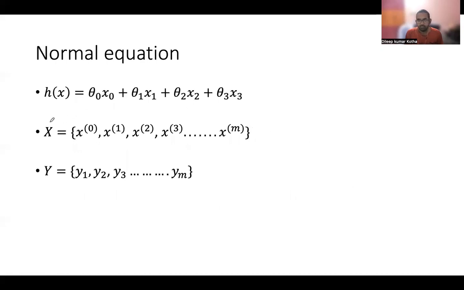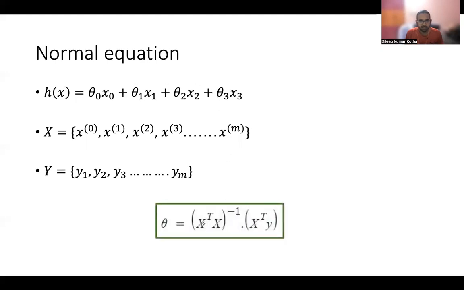And there is a simple formula as well to solve this normal equation. Given the parameters and variables in the hypothesis in this manner, you can feed all the variables in the test data to X, and all the results to Y. From this test data, we can get the parameters theta 0 till theta n using this manner, where theta represents the parameters theta 0 till theta n.